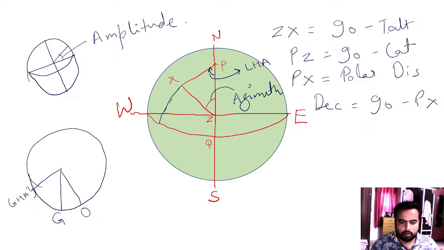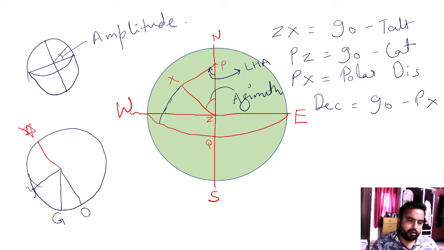You don't need to call it GHA, only Aries. And this is the body, like a star. You can easily derive the formula.